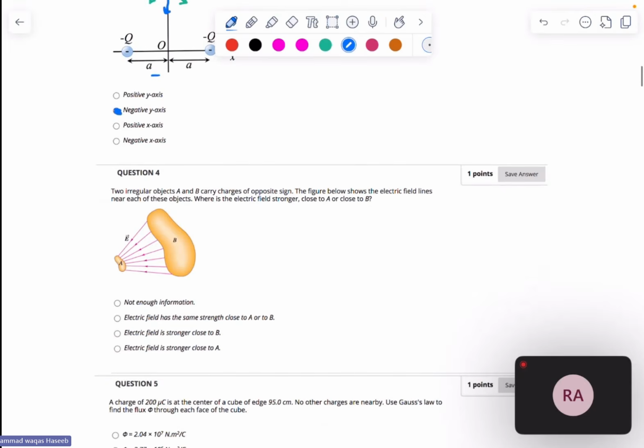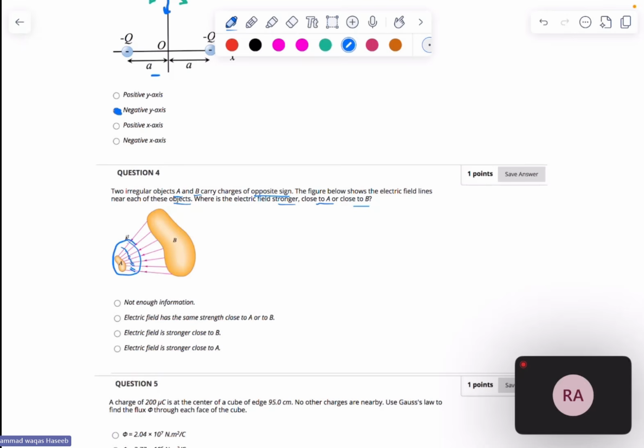Now, question number 4. The two irregular objects A and B carry charges of opposite sign. The figure shows the electric field lines near each of these objects. Where is the electric field stronger, closer to A or closer to B? So, where the density of the field lines increases, it means the field is stronger.